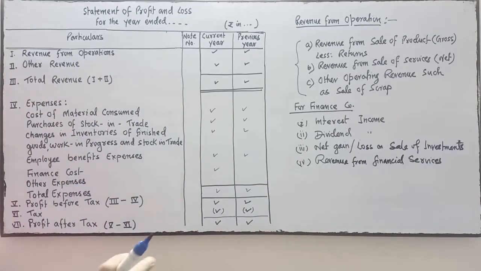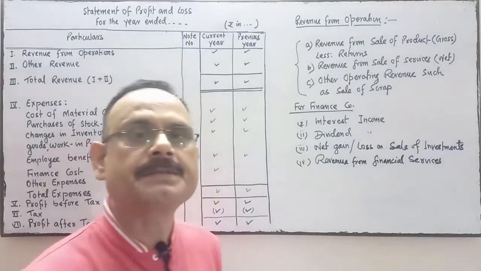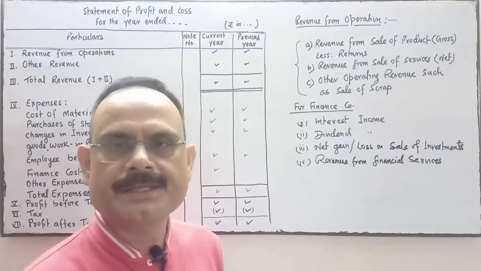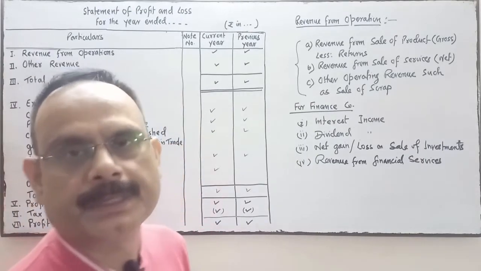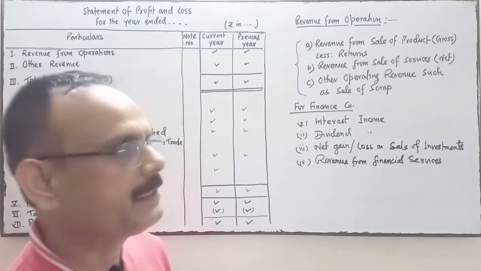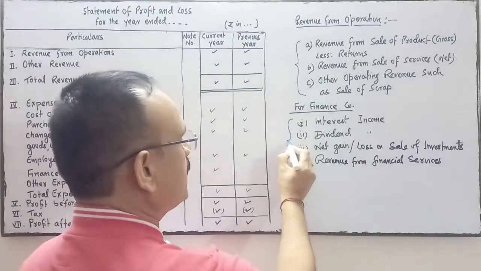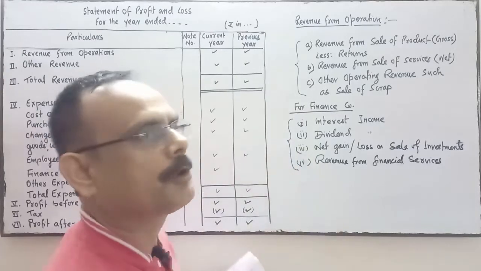Okay, for a finance company, if the company is a finance company like banking, ICICI, IDBI, IFCI, then these items will be taken under revenue from operation.